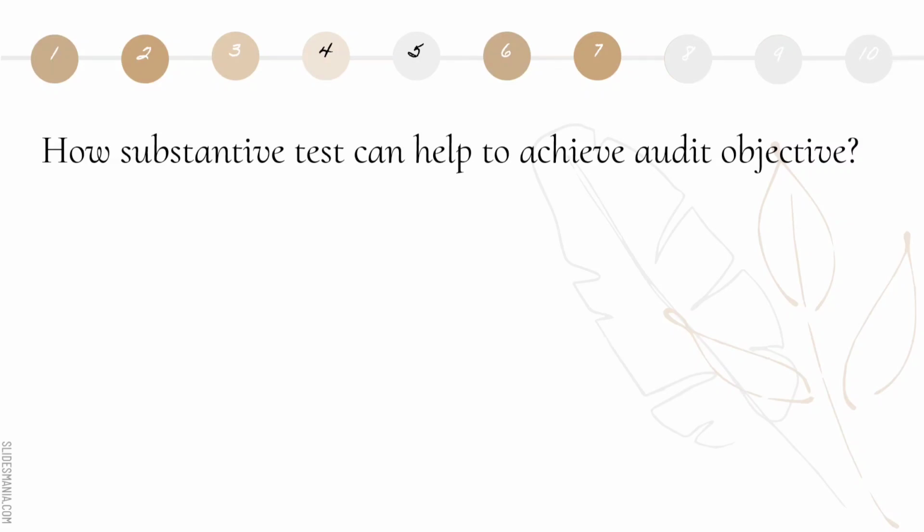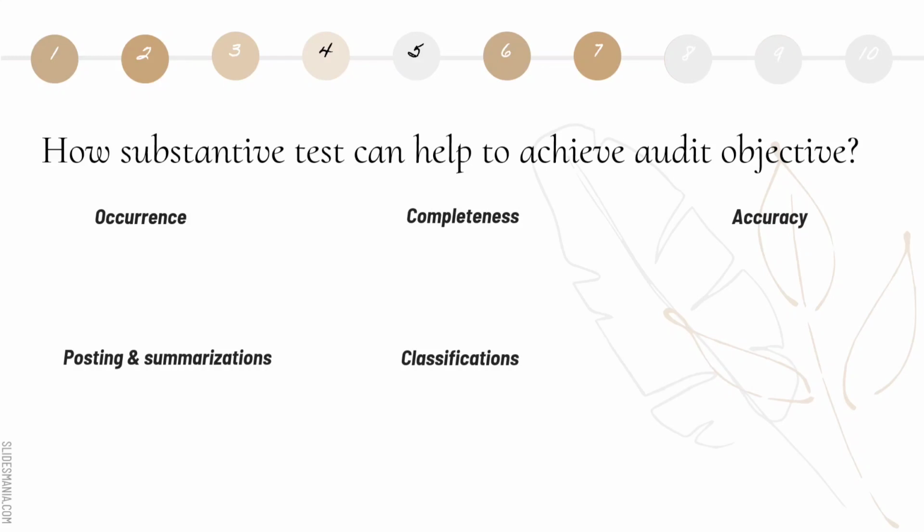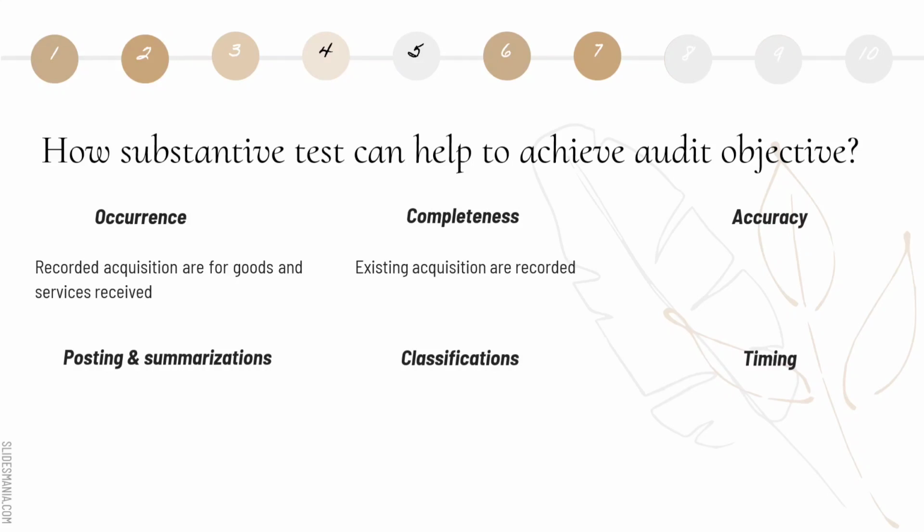Substantive tests include occurrence, completeness, accuracy, posting and summarization, classification, and timing. Occurrence is because substantive tests will make sure acquisitions for goods or services received are recorded. Completeness is when the existing acquisitions for goods and services are also recorded.